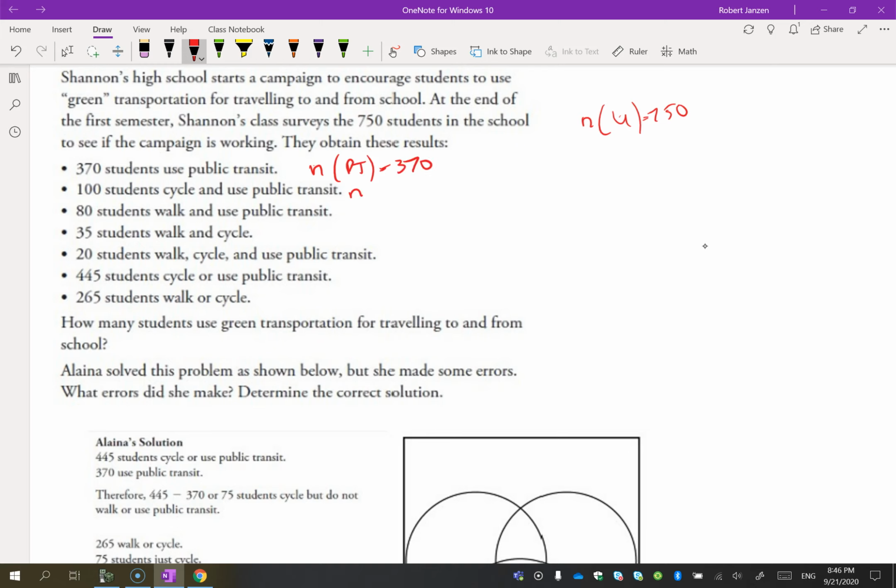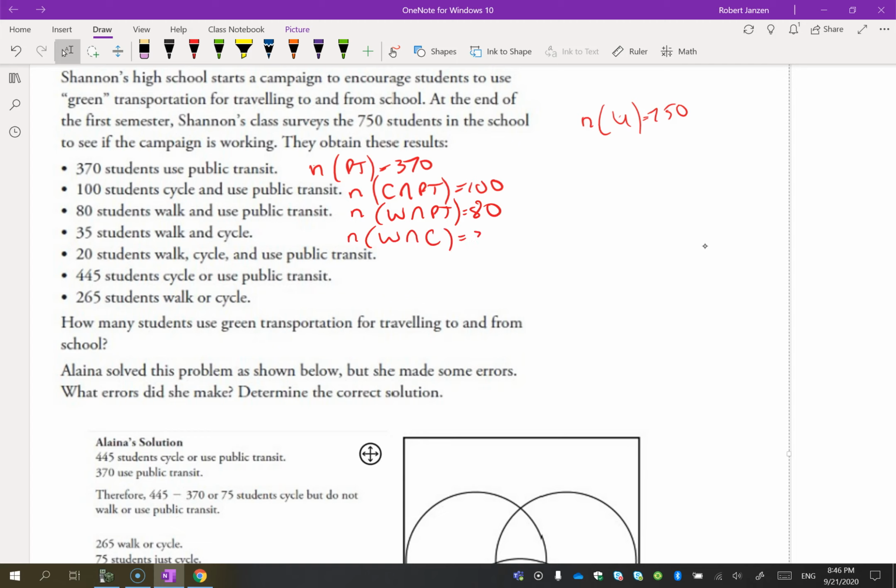The number that use cycle and public transit is 100. 80 students walk and use public transit, that's 80. Walk and cycle is 35.